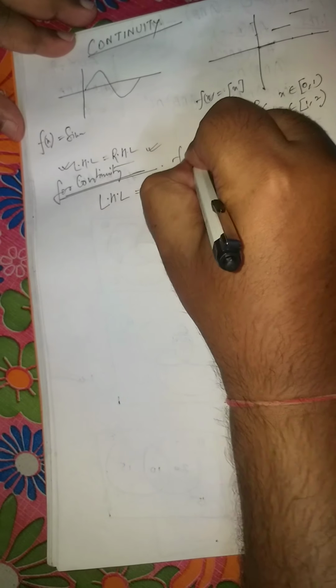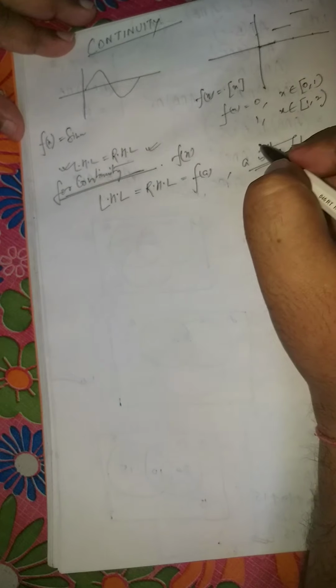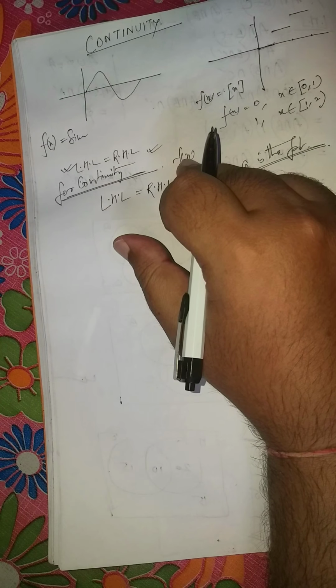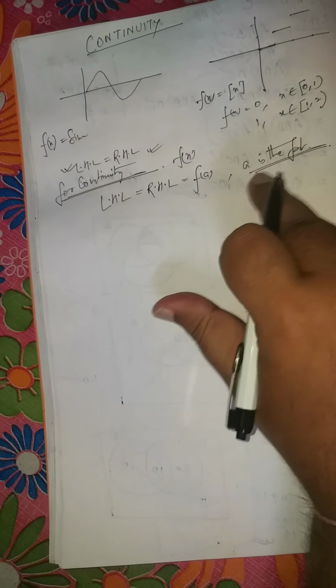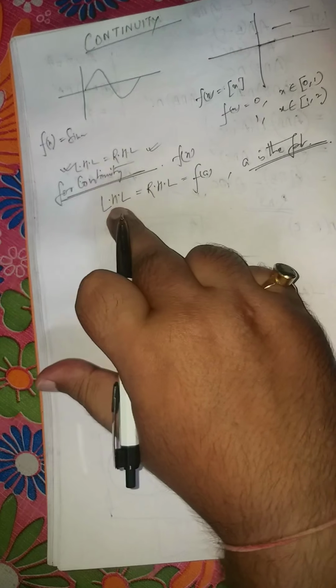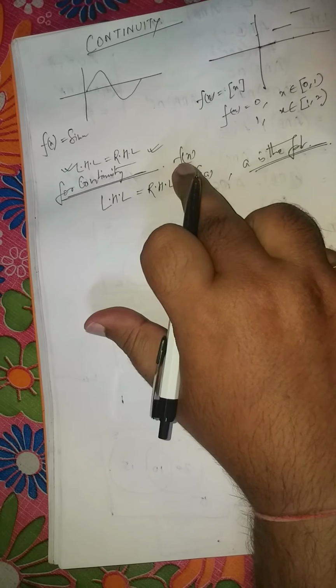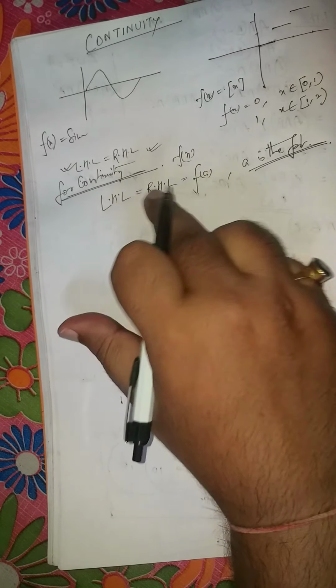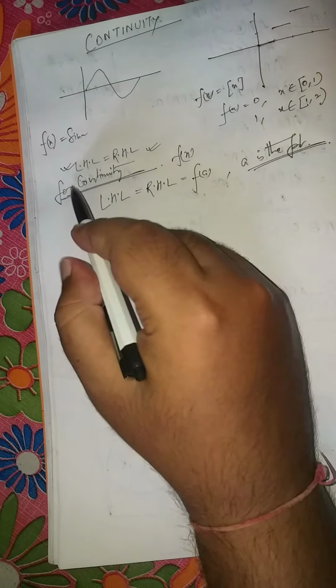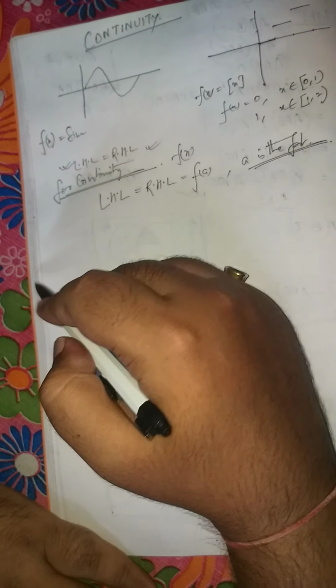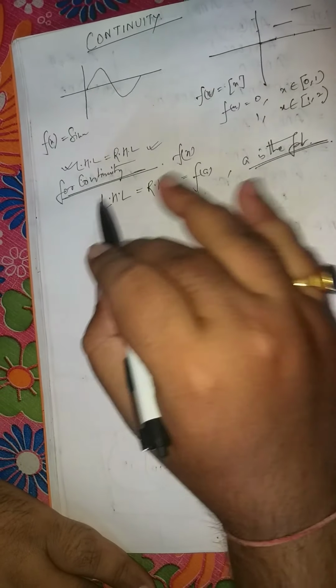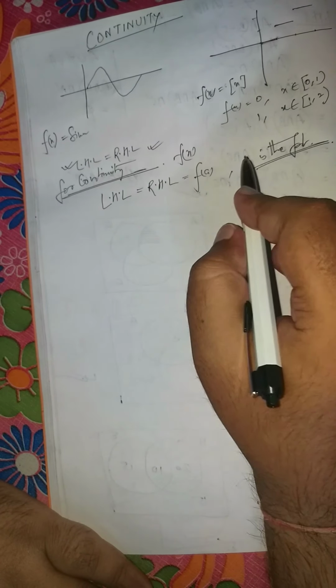You have to find the left hand limit, the right hand limit, and check the function at that point. If all three values are equal, then you can say the function is continuous. If not equal, then the function is discontinuous at the point.